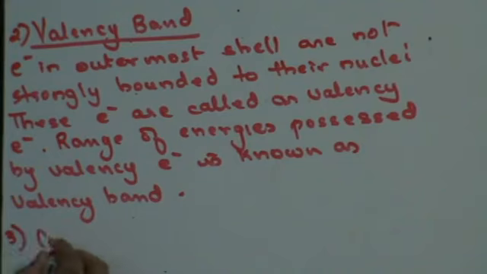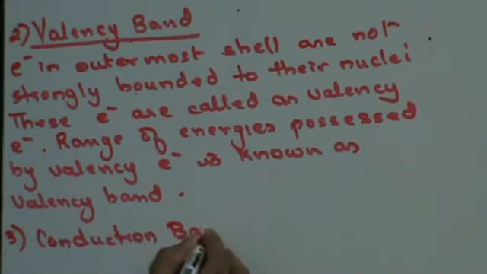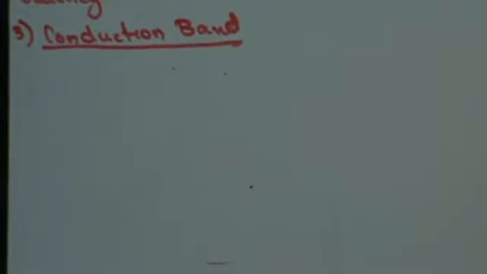Next, you have something called the conduction band. So long as the electrons are there in the valency band, there is going to be some influence of the nucleus on those electrons, and hence they will not be free electrons. For a substance to be a conductor, I need free electrons, that means I need those electrons which are not under the influence of the nucleus.